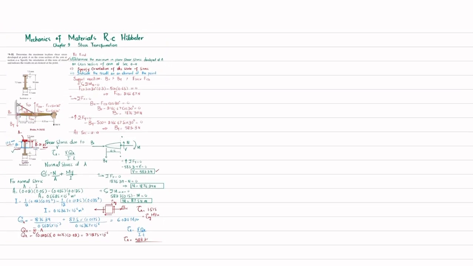Now focus over here that you can see on this element. Here we have sigma x equal to 6.020 megapascal. Clear? Sigma y is not available, so it will be 0, and tau xy is 1.515 megapascal.